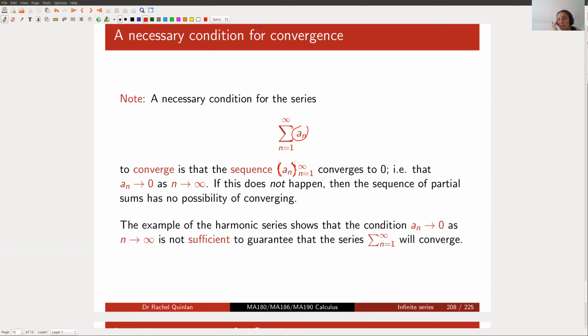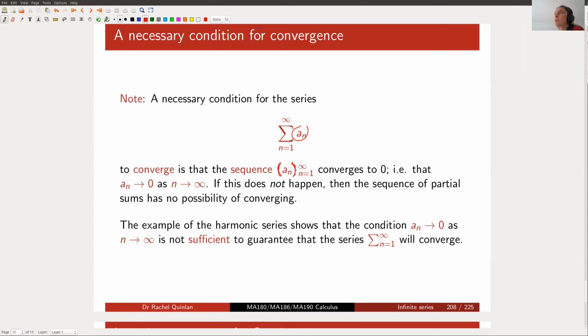Okay, and the example of the harmonic series certainly shows us that the condition that the nth term approach zero as n increases to infinity is not sufficient to guarantee that the series will converge. The sum of the series may still blow up to infinity, even if the terms are converging towards zero as n increases.